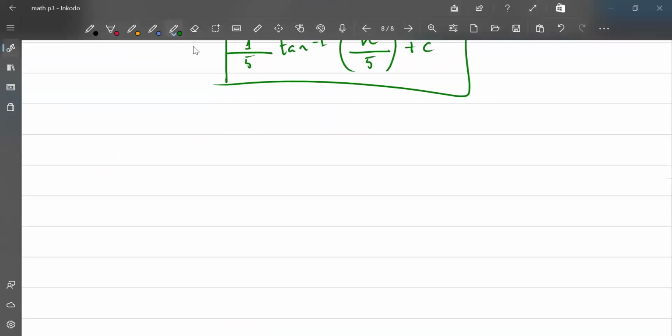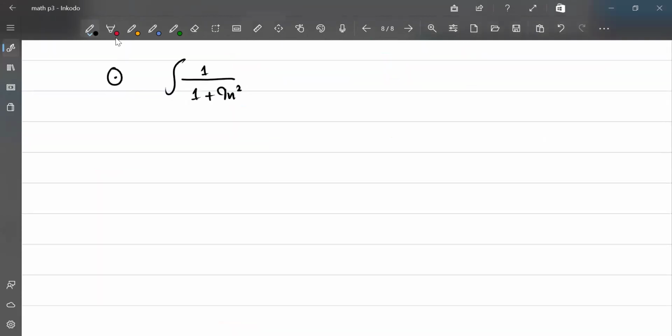Let's do another example. Let's say we need to integrate 1 upon 1 plus 9x square. Let's write it in a manner in which the formula can be applied. So it would be 1 plus 3x the whole thing square, because that's what the formula is being applied to.